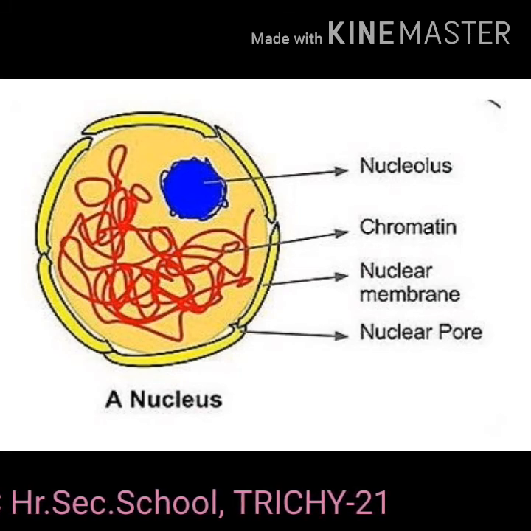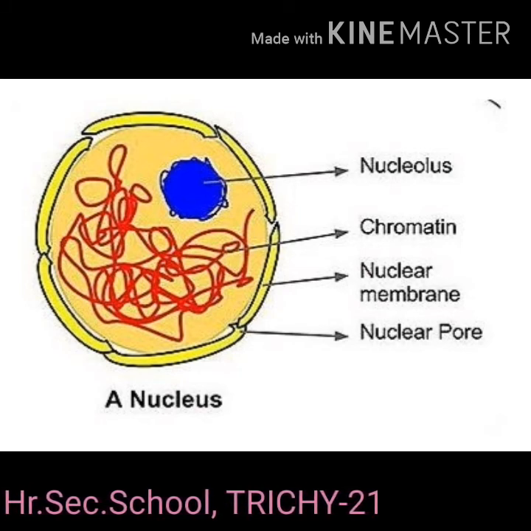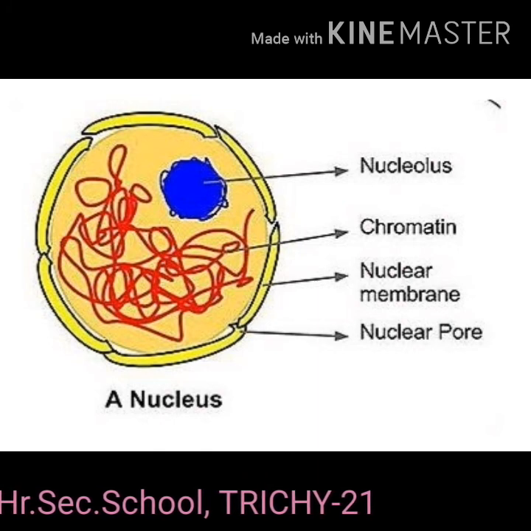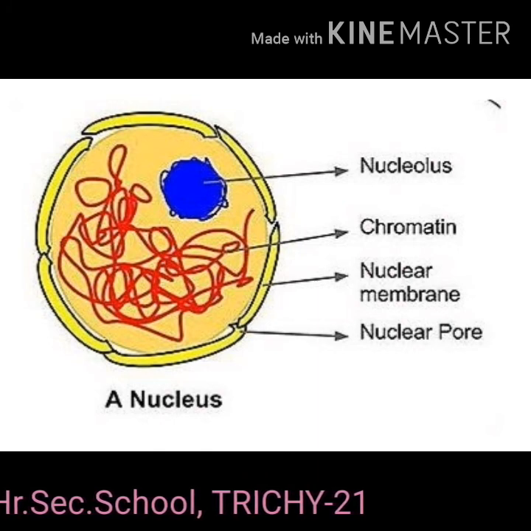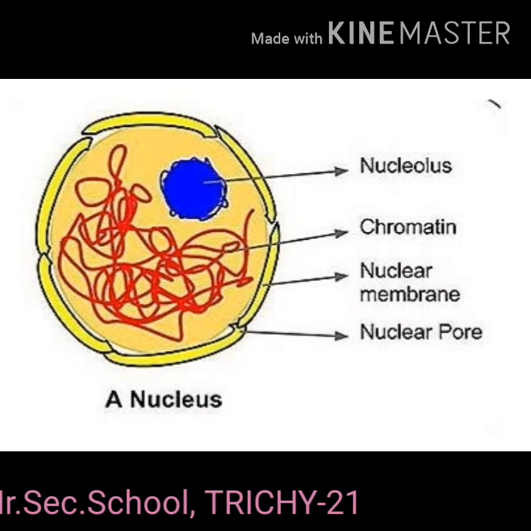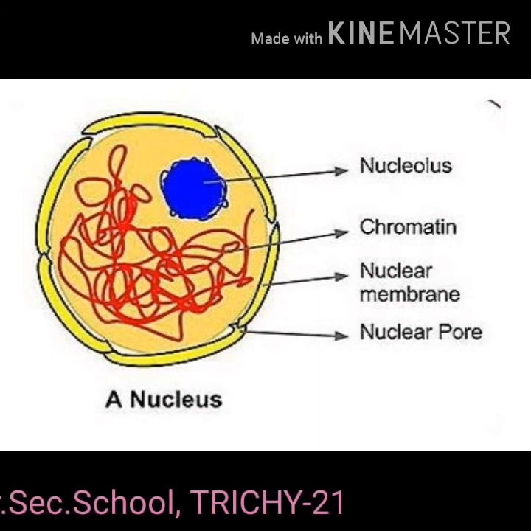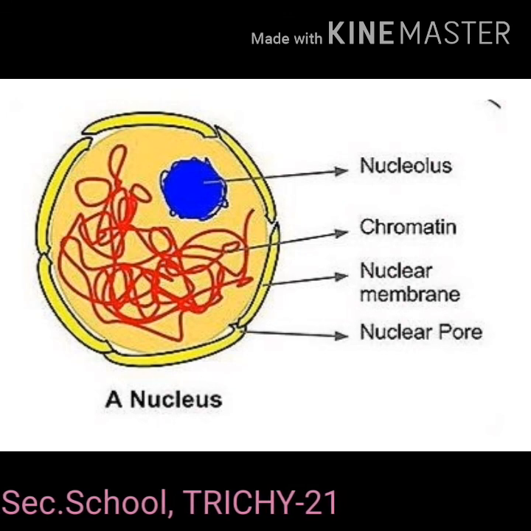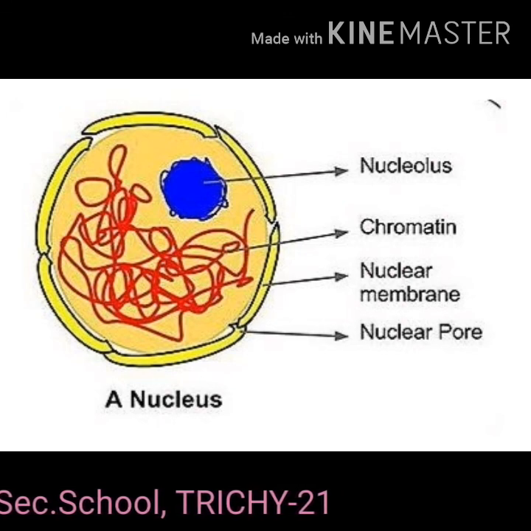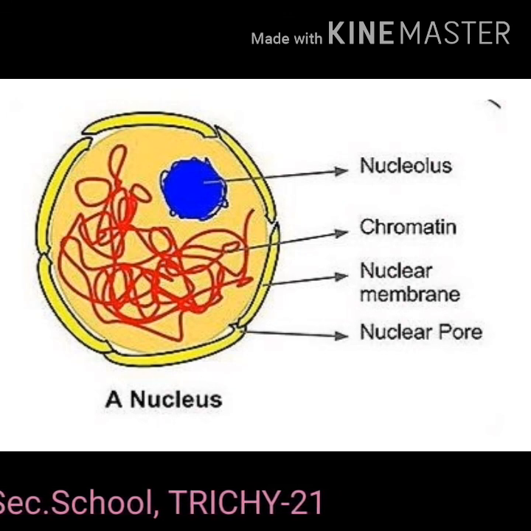The main function of the nucleus is it acts as a brain of the cell. It regulates and controls all the cell activities. The special name for the nucleus is control center.